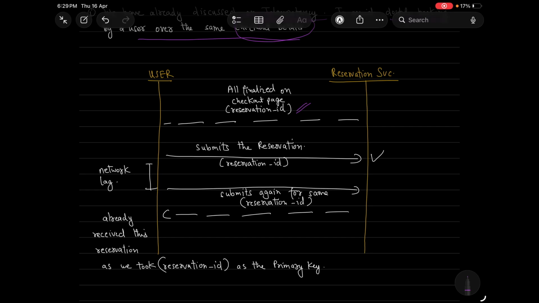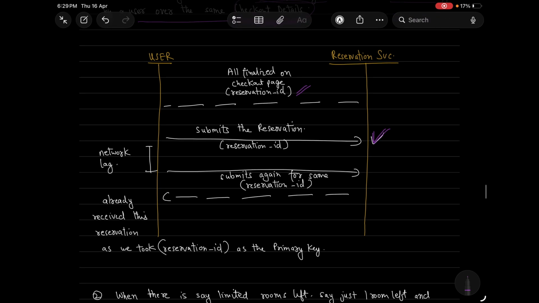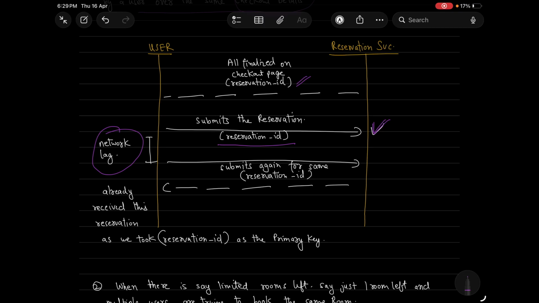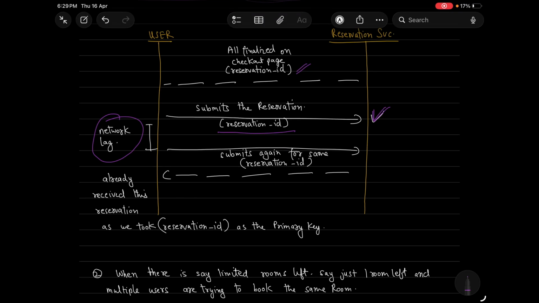Let's say now the user submits the reservation, and the call goes towards the reservation service with that particular reservation ID, and some network delay happened. The reservation got submitted and inserted, but due to the network delay, the user didn't receive the response or the ack back that the reservation has been made.